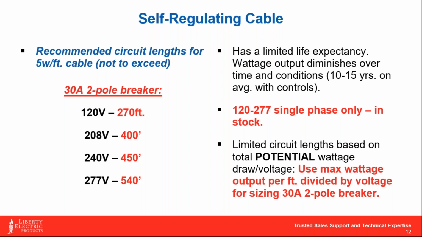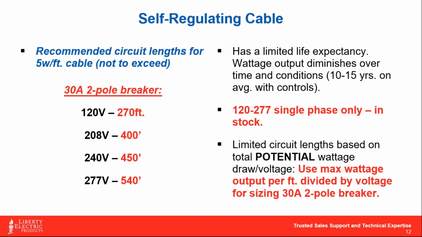But the other time that it happens is during startup inrush current. That's what we're worried about in most cases, and why we have to size these circuits accordingly, to make sure that when there's a contact closure and you send power to your cable, you get that millisecond spike where it might jump to 12 watts a foot, and we don't want that to nuisance trip your GFI rated controls.